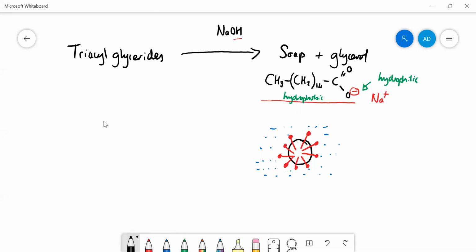Now the other thing that you can form, and we'll do that in more detail in another video, is biodiesel. Okay. Now biodiesel, what happens is you get all the fatty acids, and you break them away, so you hydrolyze the ester linkage.